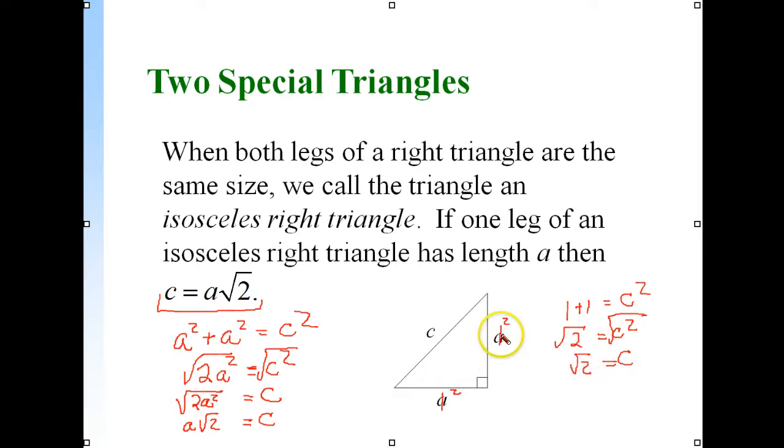So if this side is 1, this side is 1, then the length of this side is the square root of 2. If you ever want to define what is the square root of 2, well, it would be if you have a square whose sides are all 1, the diagonal of that square is the square root of 2. And there's the proof of it.